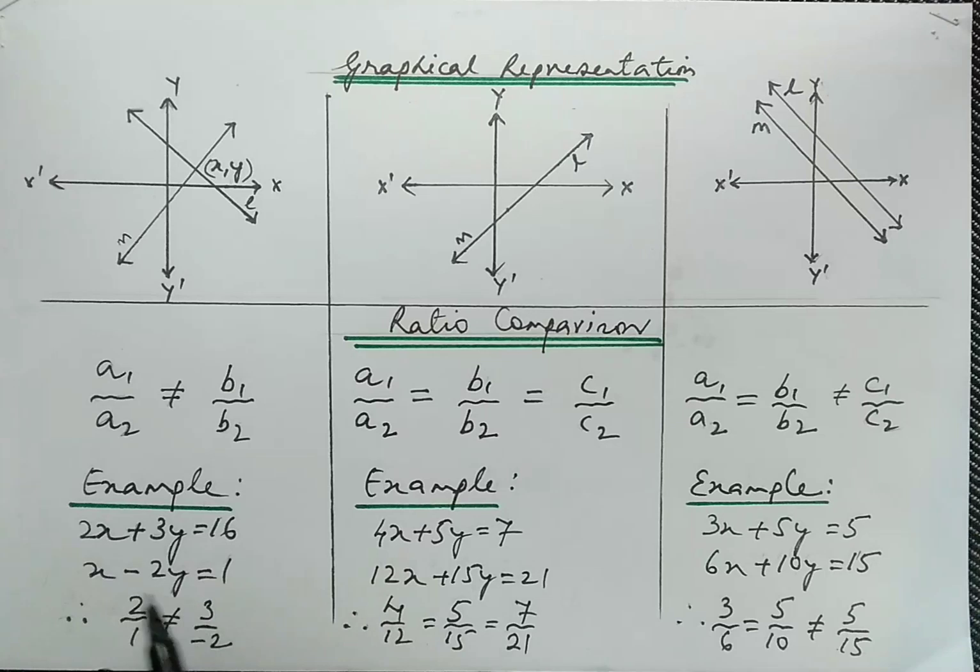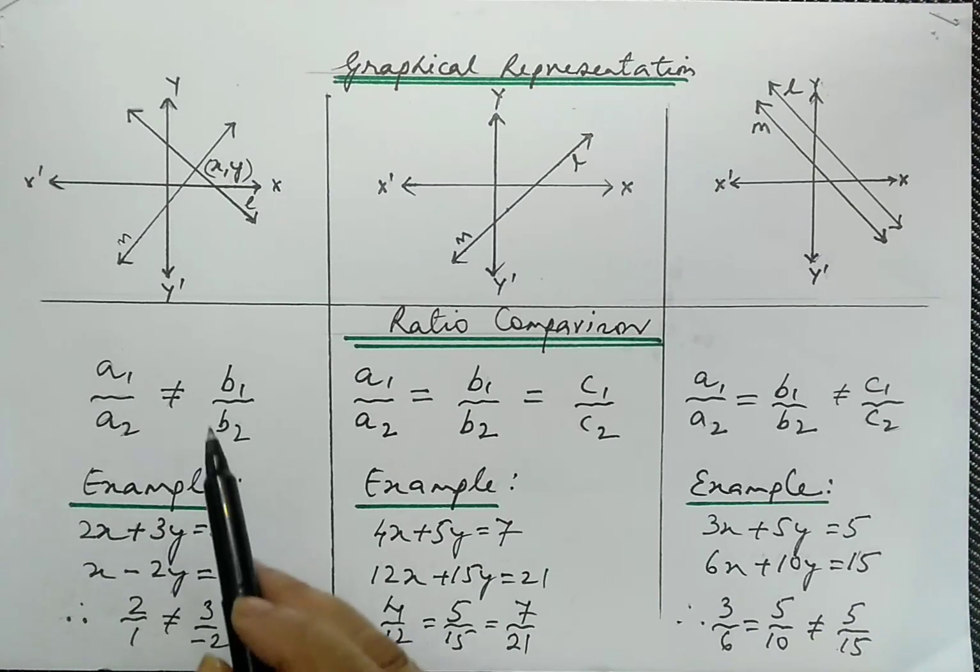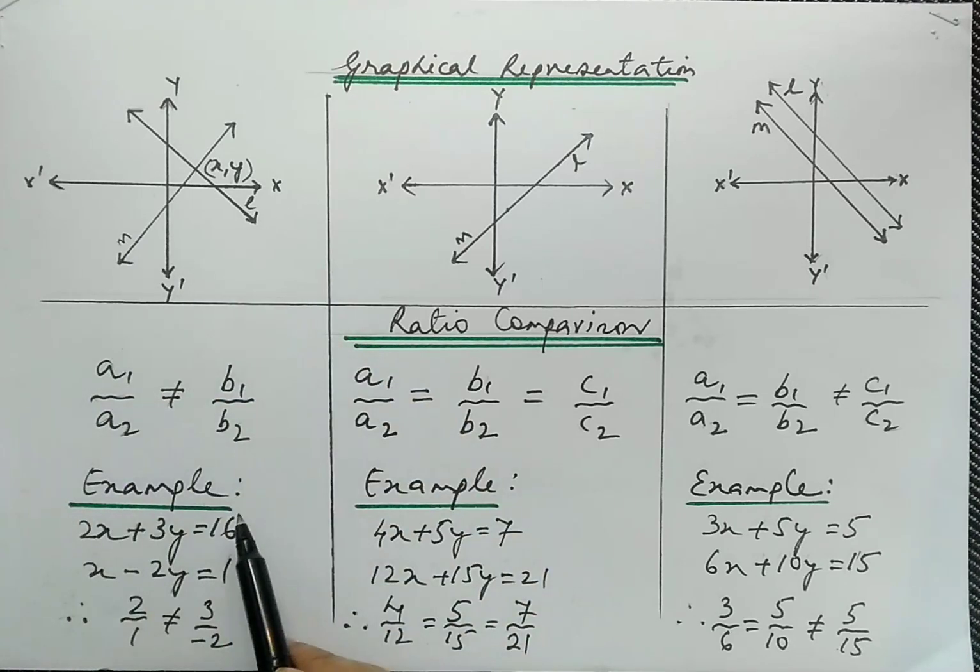Sometimes there will be k over here. Supposing k is here, kx minus 2y, they might ask you, well, this system of linear simultaneous equations is intersecting lines, or has one unique solution. So in that context, try and find out the value of k.